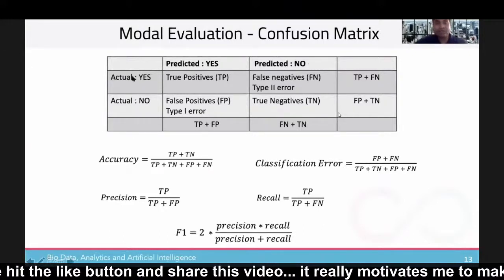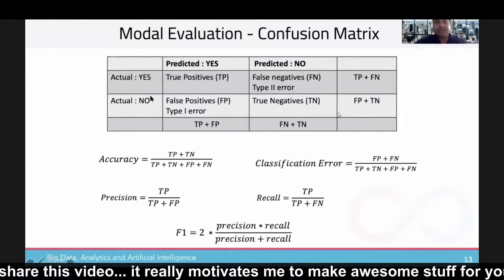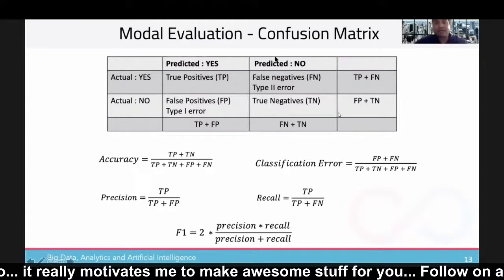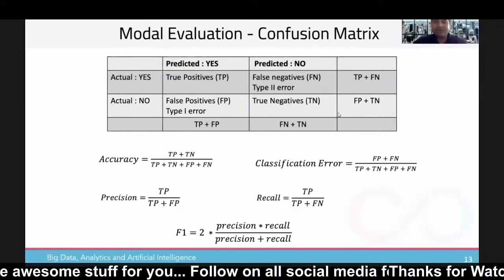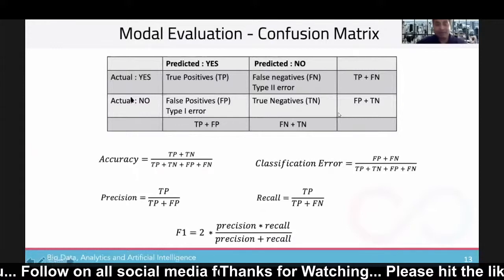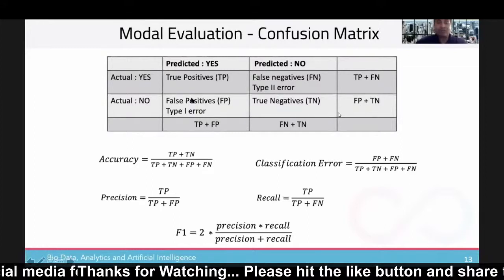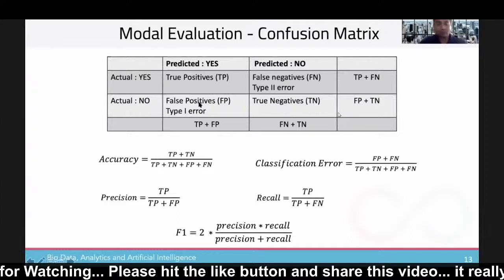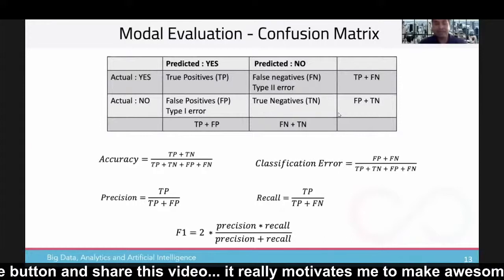If the actual yes and predicted yes are the same, that is called a true positive. When the algorithm predicted no and it was actually no, then it is a true negative. Now, there are two false conditions. When it was actually no, but the prediction made was yes, meaning a patient was not sick but the algorithm predicted he is sick, that is called a type 1 error.